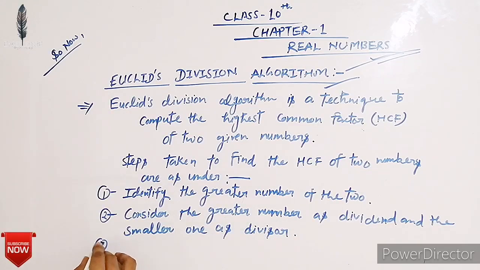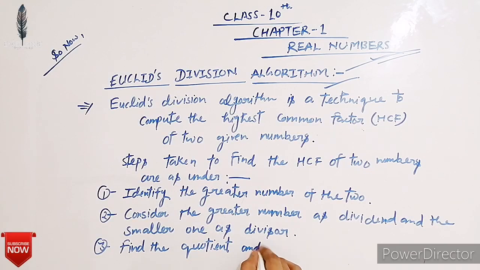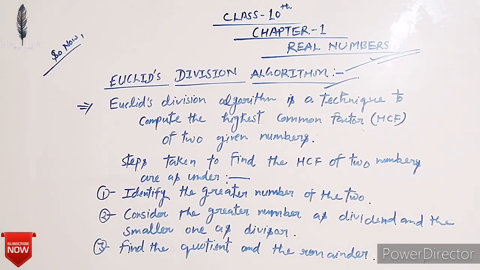Now third step is find the quotient and the remainder.